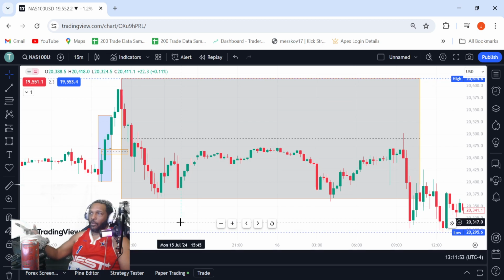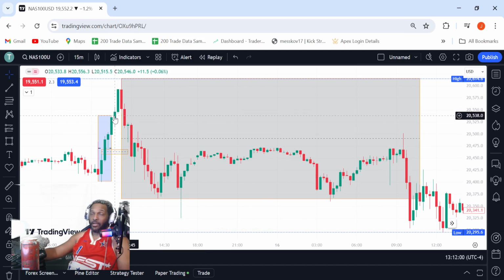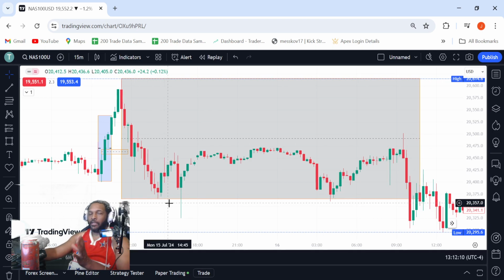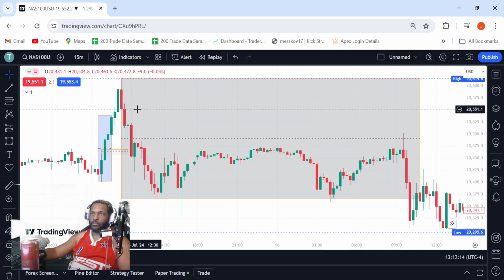So for me, I always use boxes. I always mark out a 50% or a consequent encroachment of that. When there's an invalidation of an initial balance, I'm looking at a high, I'm looking at a low, I'm looking for a clear high, I'm looking for a clear low, and then at that point, in a manner of speaking, I would say, well, this initial balance was invalidated. This might actually be my initial balance.